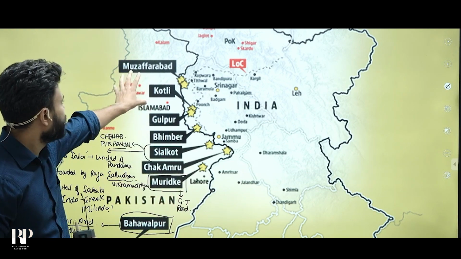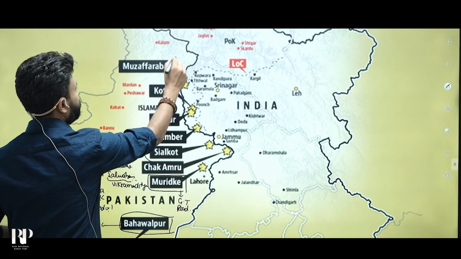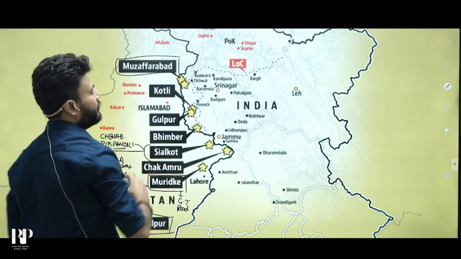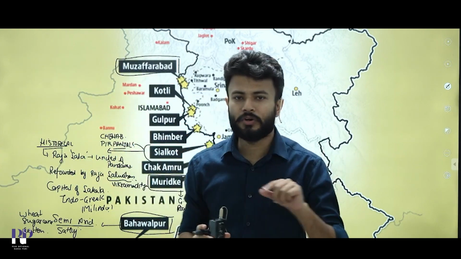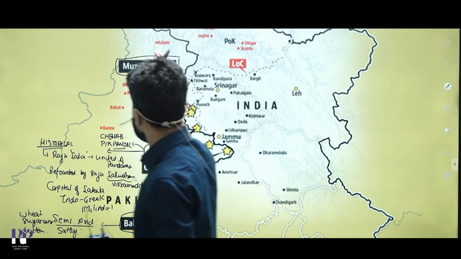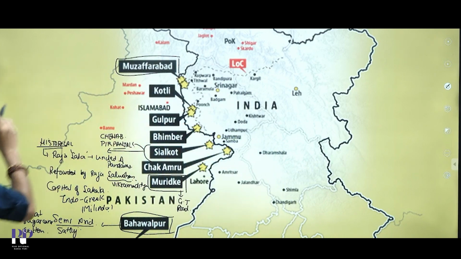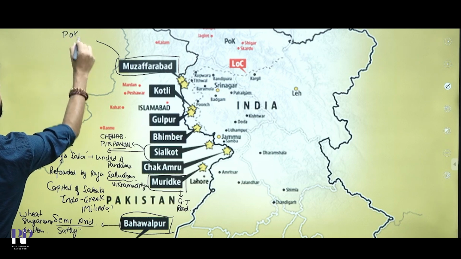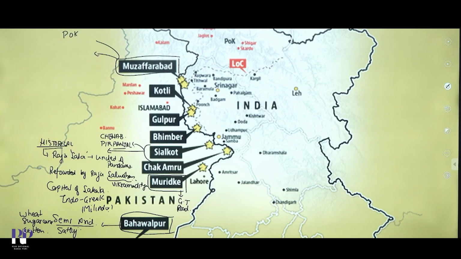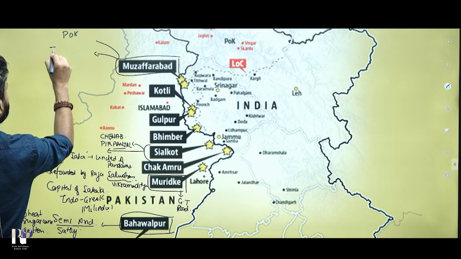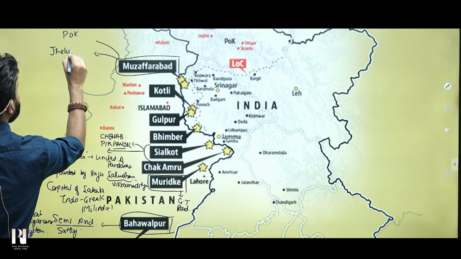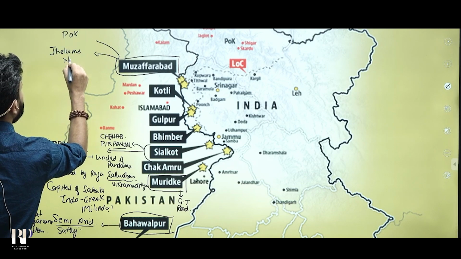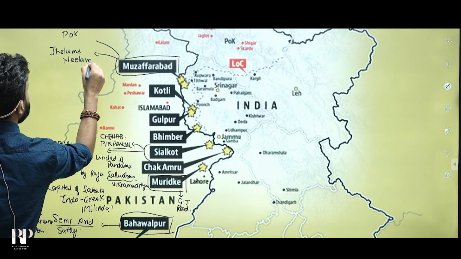The last important site which I want to discuss is the Muzaffarabad town, because it is located in the Pakistani occupied Kashmir region. As far as the geography of Muzaffarabad is concerned, one, it is a part of POK. Second, if we have to talk about the rivers, it is located on the banks of the Jhelum as well as the Neelam rivers.